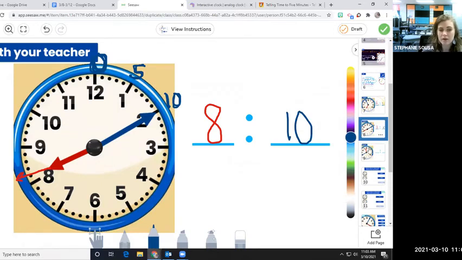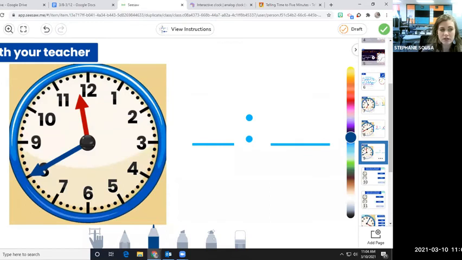Okay. Slide 9 says with your teacher, but I want to give you an opportunity to practice. I want you to take the next 30 seconds and figure out the hour and the minute, and then I will show the correct answer. So take 30 seconds and figure out the clock on slide 9. What time is that showing? You solve it.